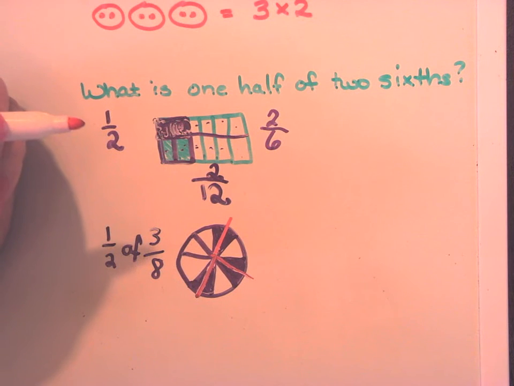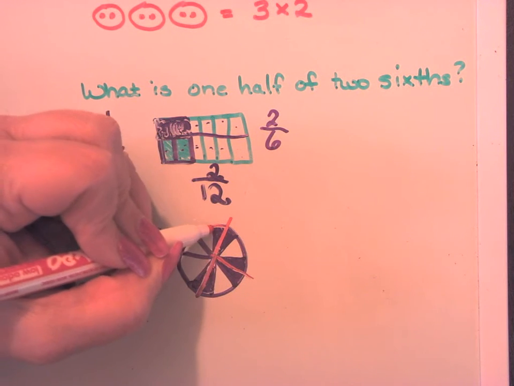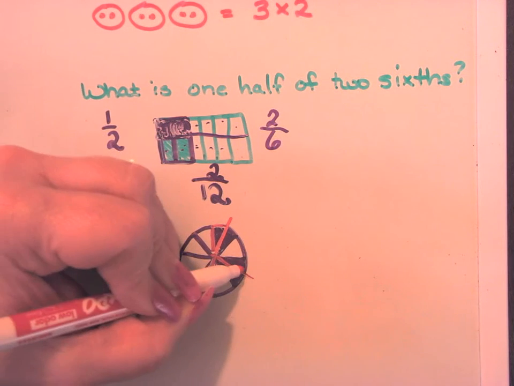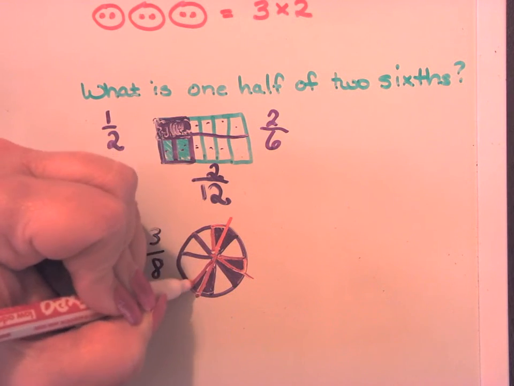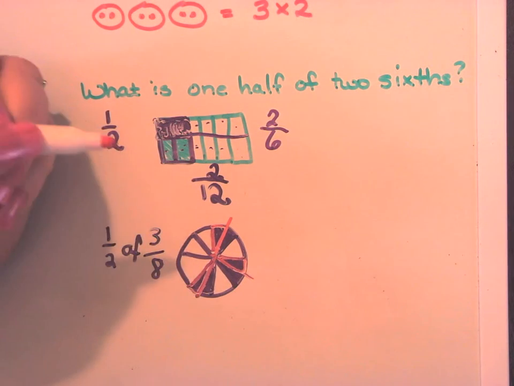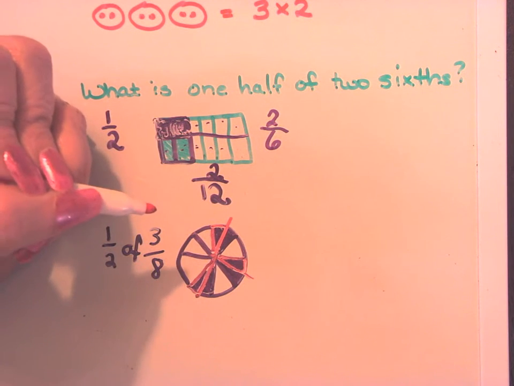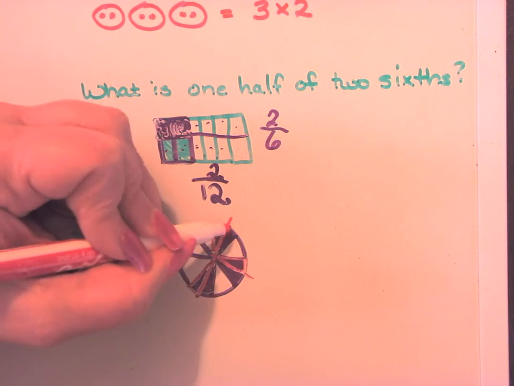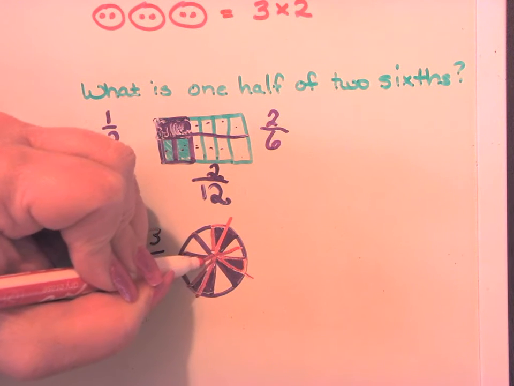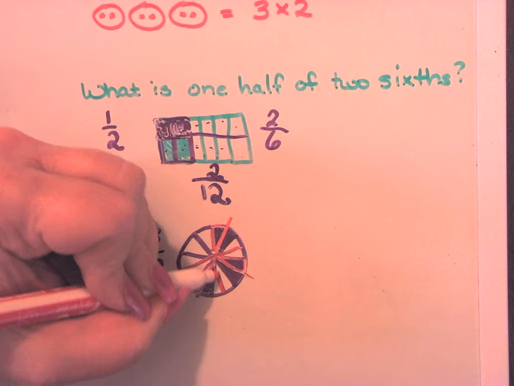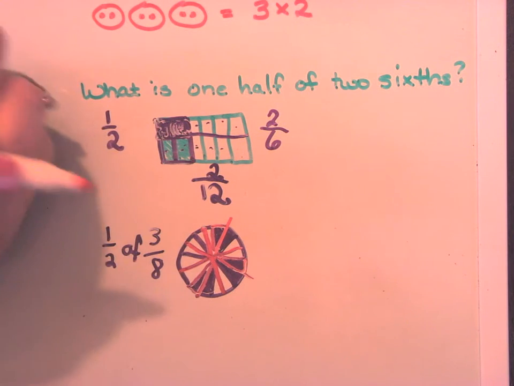Now what I've also done is make new sizes, because this is the size of this one, and this is the size of this one. You can see they're half the sizes. So what we need to do now is make sure that everybody has an equal size piece. So we're going to take the ones that we haven't split and split them up now. I have to split these in half, and this one was already done, so we have to split that one in half.